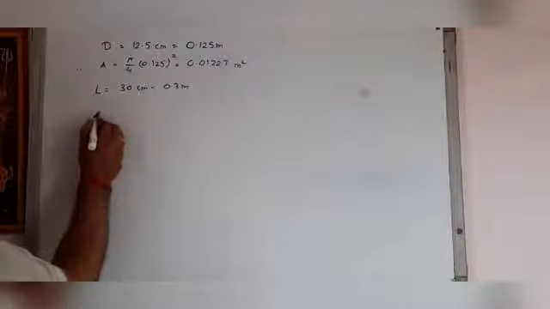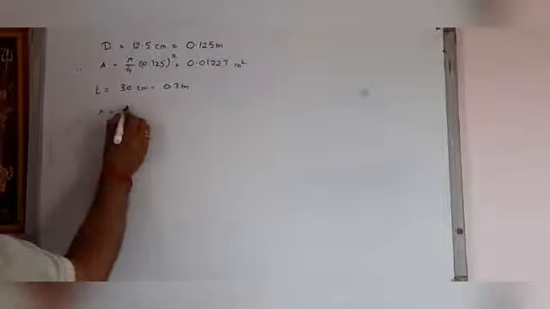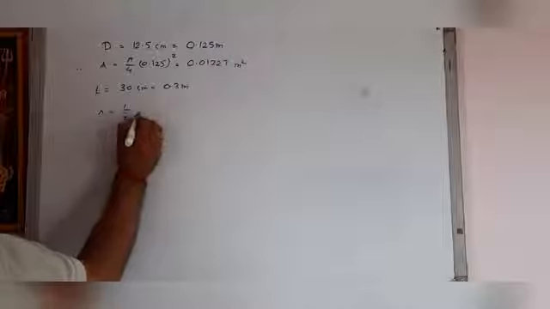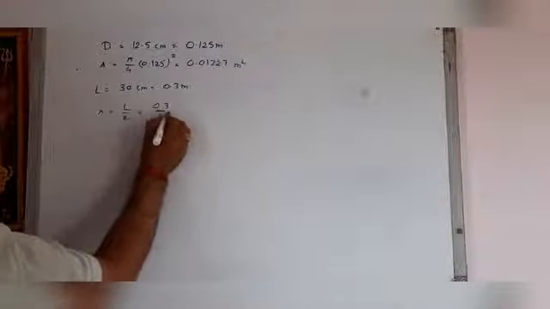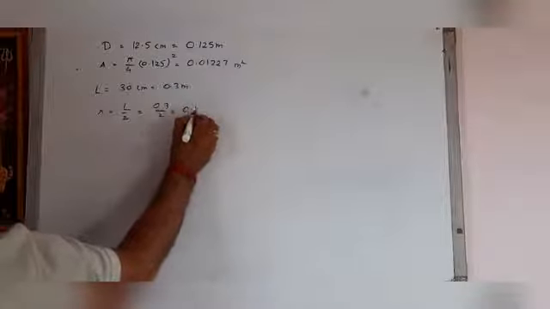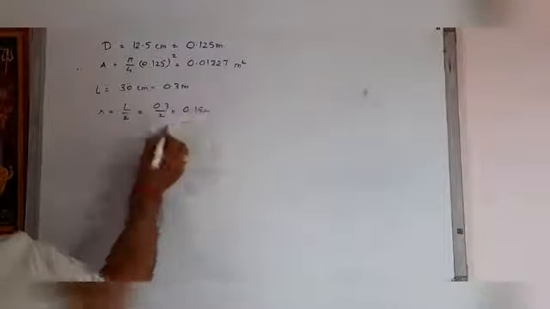Crank radius R equals L by 2, equals 0.3 by 2, equals 0.15 meter.